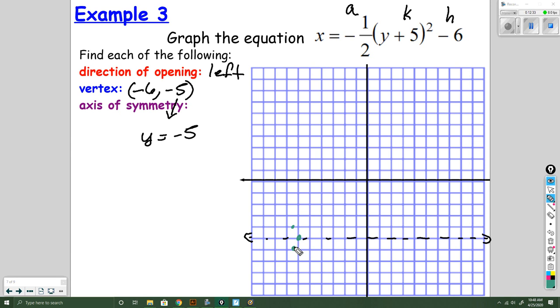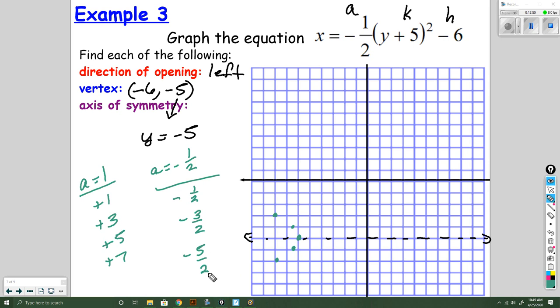And then obviously when a equals 1, here's our increases. If a equals negative 1/2, we just multiply by each one of these. So the next decrease, I should say, would be negative 3/2, negative 1.5, right here. And then by the time we get to the next one, we're already off the graph.